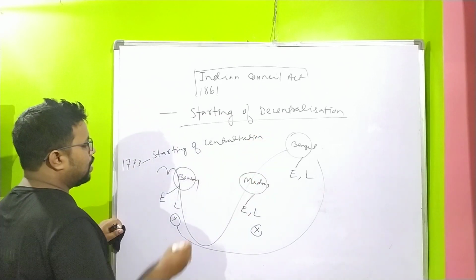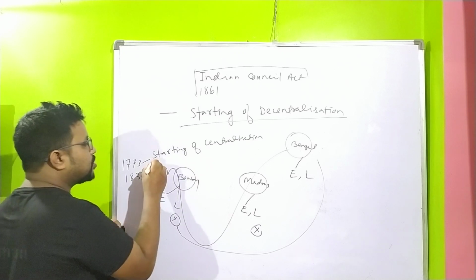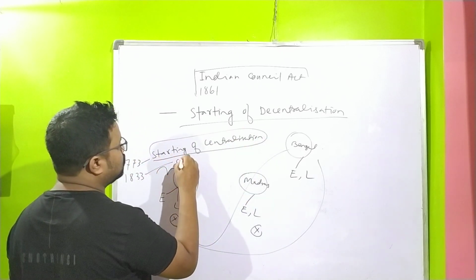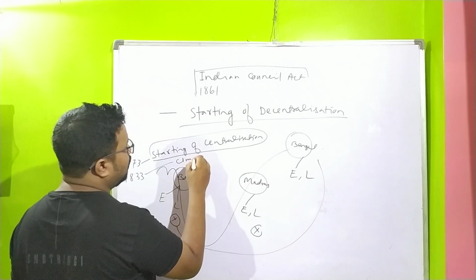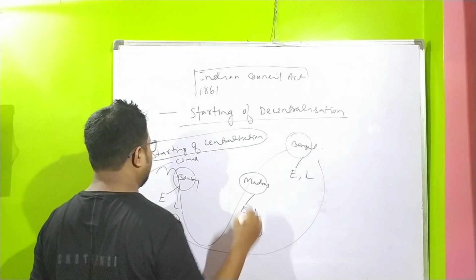Now in 1833, centralization reached its climax, that means its peak.